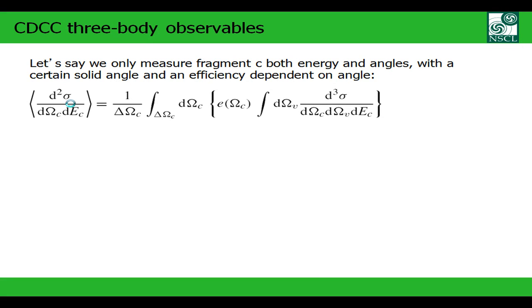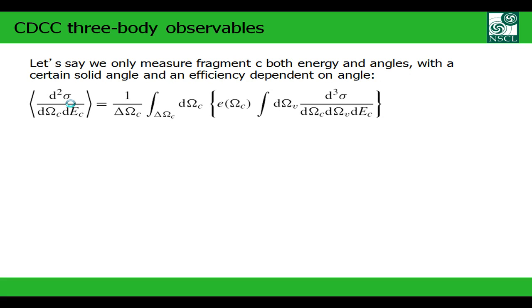Okay, so in this particular case, I said we only measured the energy of one, and so here it changes. Let's say you only measure the energy and the angle of one particle. So you need to integrate that triple differential that you had before. It has a certain solid angle, and it's got an efficiency that depends on angle. So if this was the case, then you'd construct an observable that would be integrated over the other particle's angles.